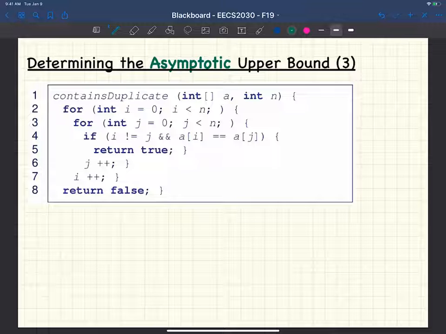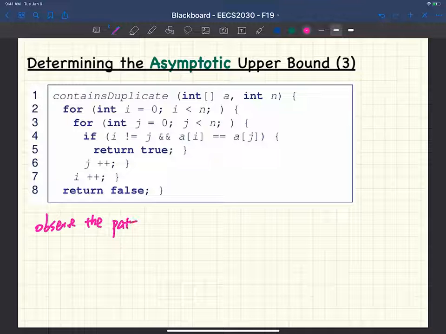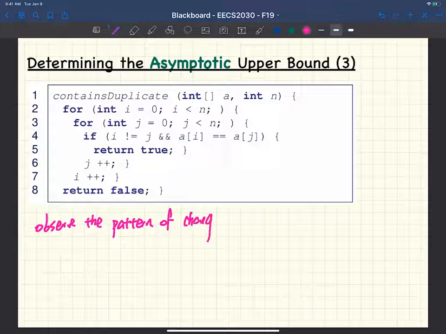Okay, let's see. How do you answer this kind of question in general? You want to observe the pattern for the loop counter. That's my advice. The general advice is: observe the pattern of changes on the loop counter.